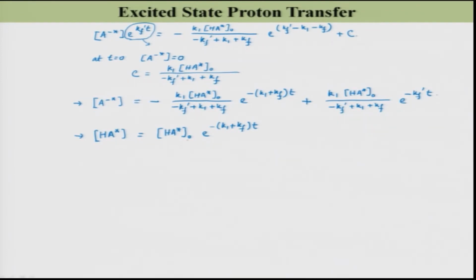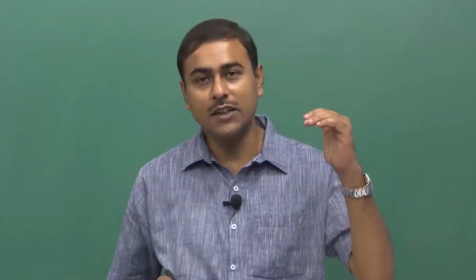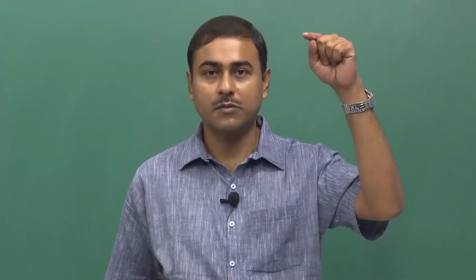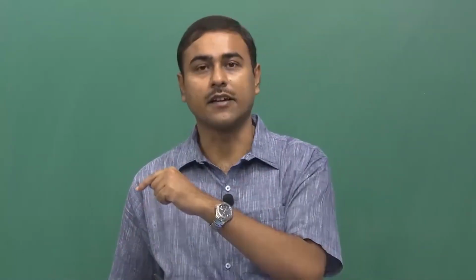Here you can see for HA star only decay, because this is positive and this is exponential minus rate constant into T. One over the rate constant is your time constant. So, it will start from an initial value and will decay.